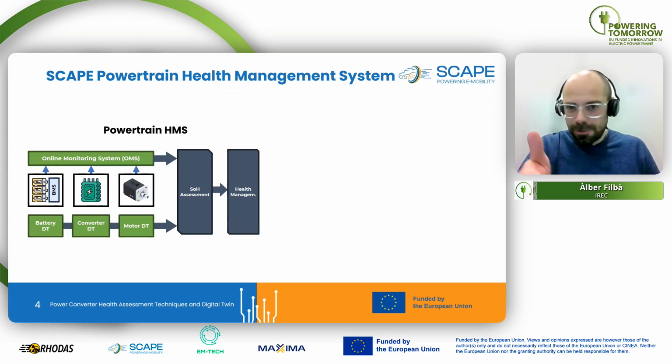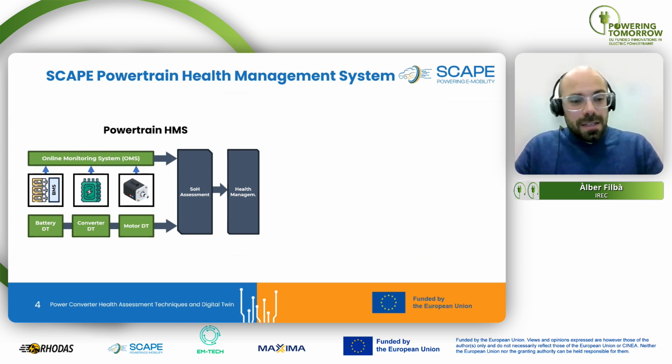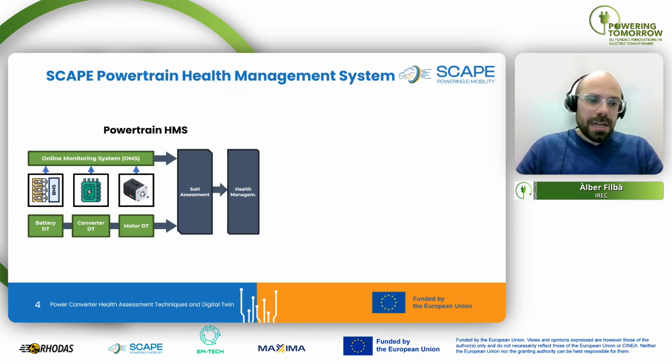Also, and more focused on the presentation from today, in SCAPE we're also developing a health management system for the powertrain. This health management system tries to assess the state of health of the three main elements in the powertrain, which are the battery, the converter, and the motor, using online monitoring systems and digital twins of the three elements.